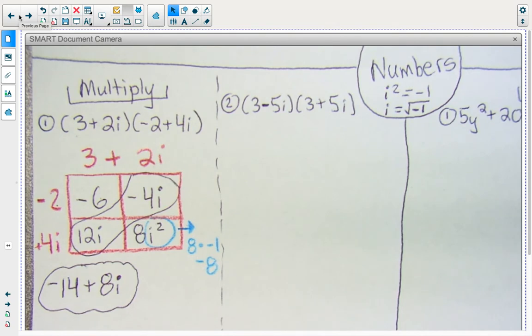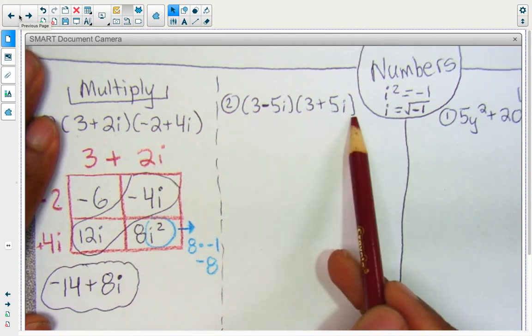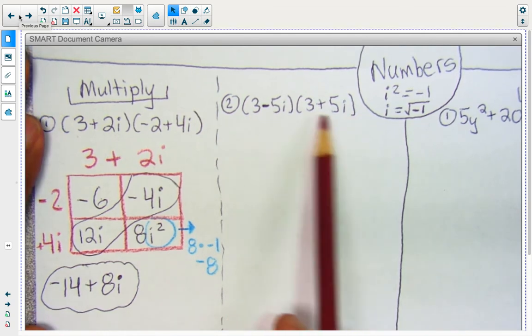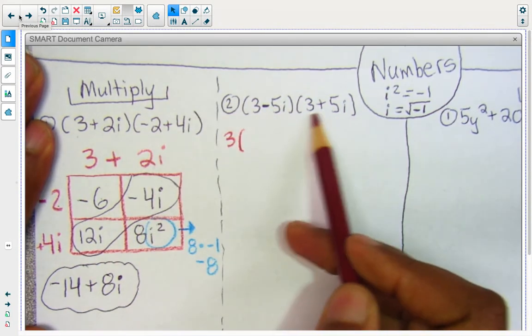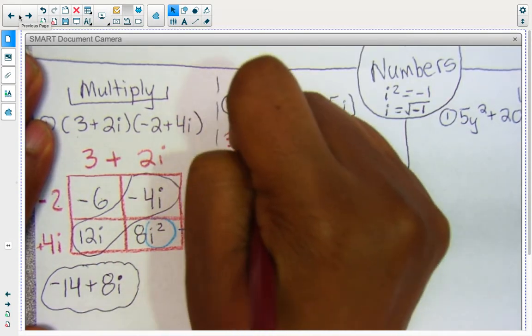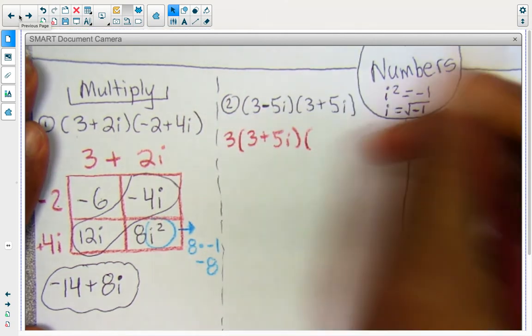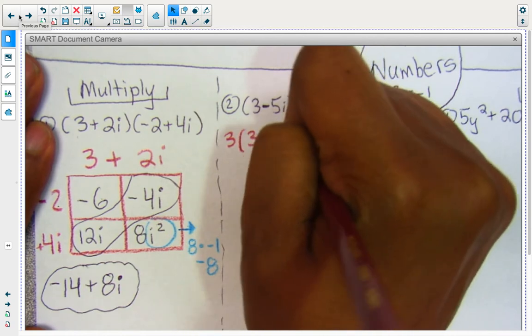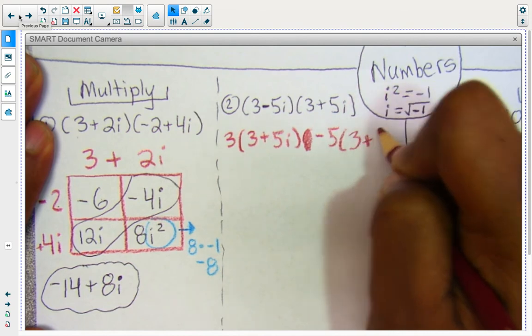If you're going to do distributive property, it's 3 times this binomial and then negative 5i times this binomial. So 3 times 3 plus 5i, and then negative 5i times 3 plus 5i.